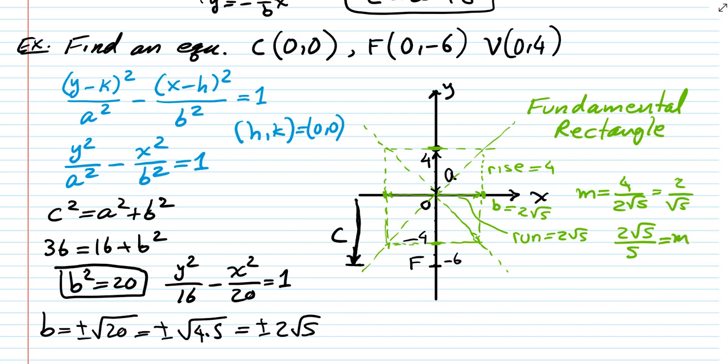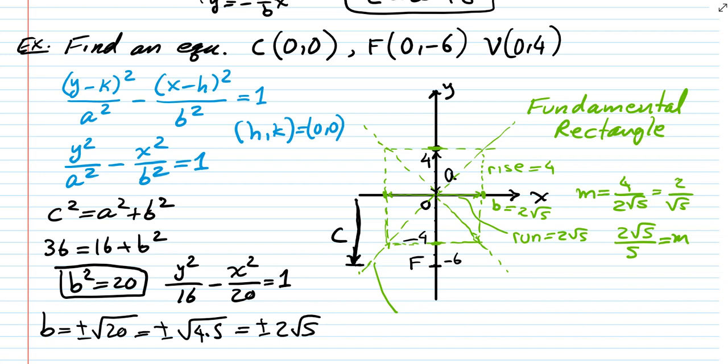The equation of a line that runs through the origin. This is going to be the first asymptote. I'm going to use the lower part of that line because I'm going to need the upper part for the branches.